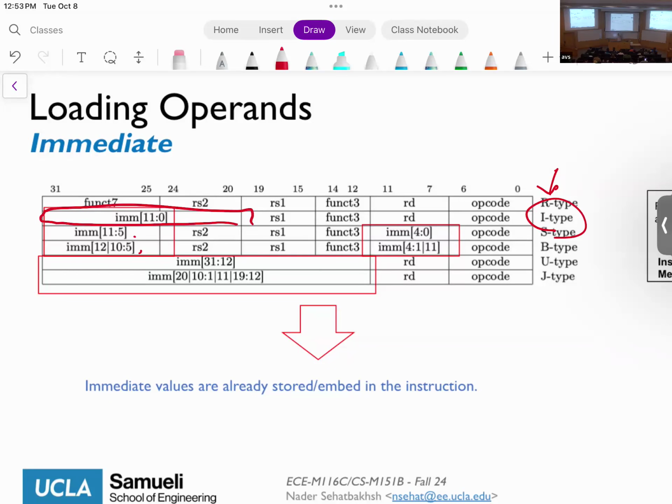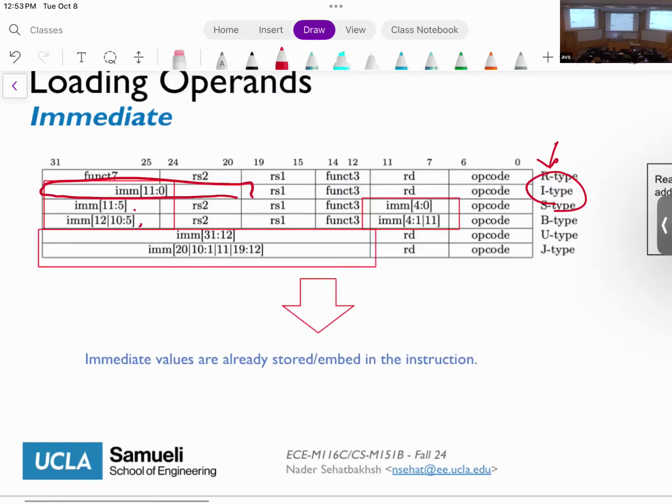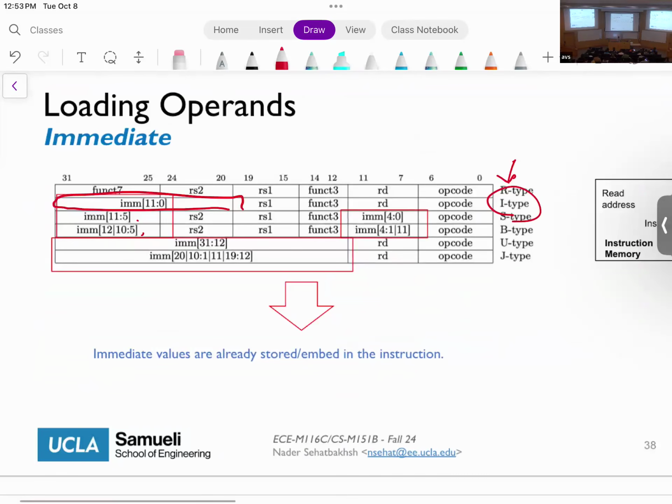So what I need to do is move these things around, right, and then do the proper sign extension as well, okay? So we're going to have this unit called the sign extension unit that I'm going to show you later that essentially does this for us. But just keep in mind that I don't need to do anything extra other than just reformatting the immediates for creating the correct immediate in my instruction.